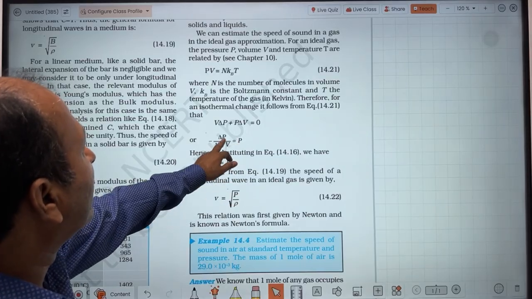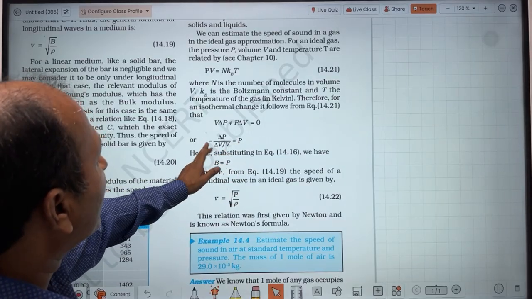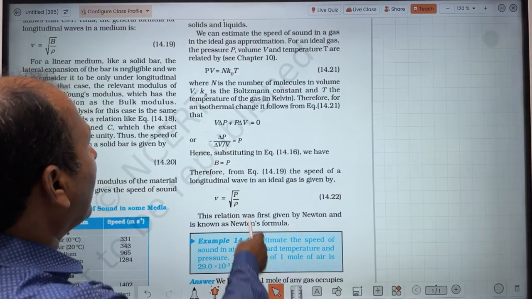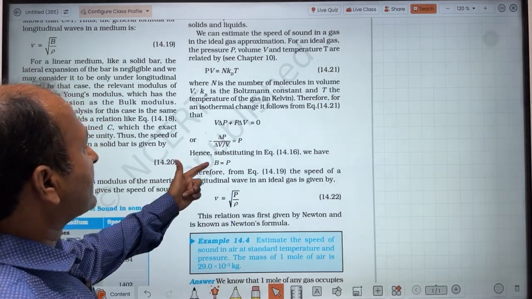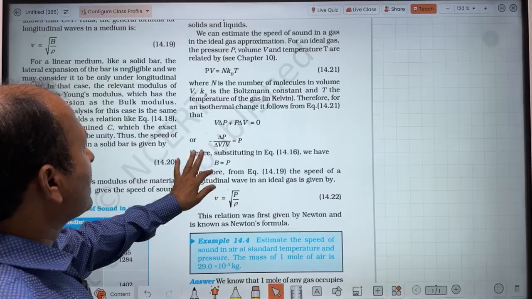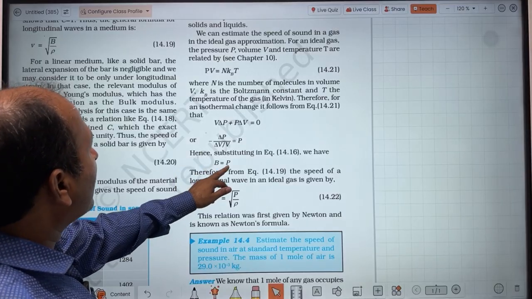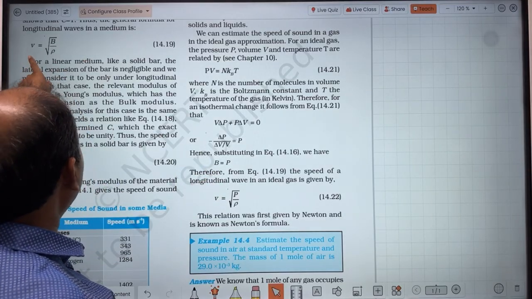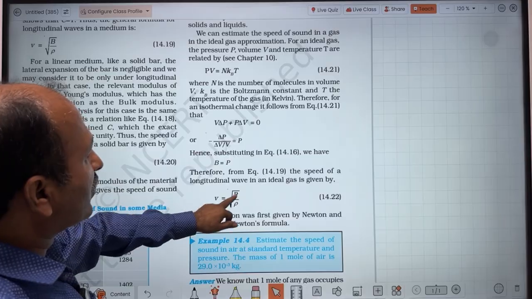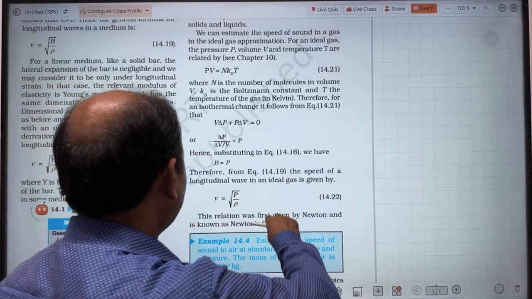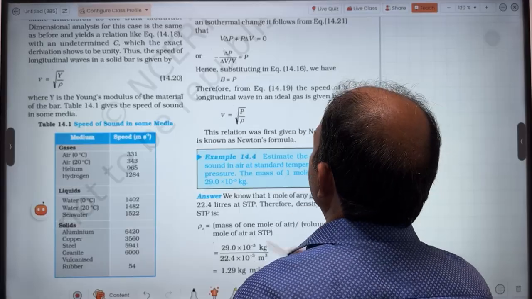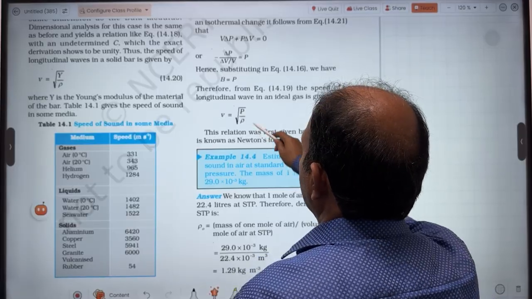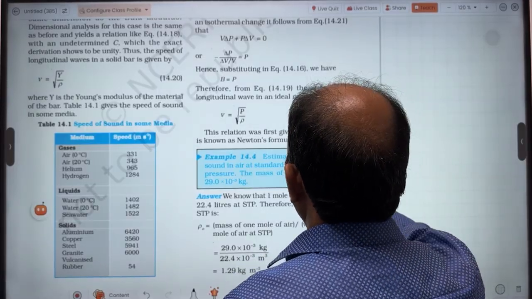So we get P equal to delta P divided by minus delta V upon V. And this term, as you have already studied, is equal to bulk modulus. So you have got bulk modulus equal to pressure. So in this formula, you can write v equal to P upon rho. Now, this relation is called Newton's formula for speed of sound.